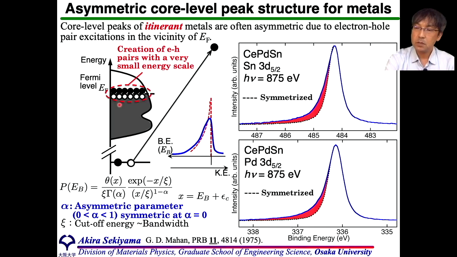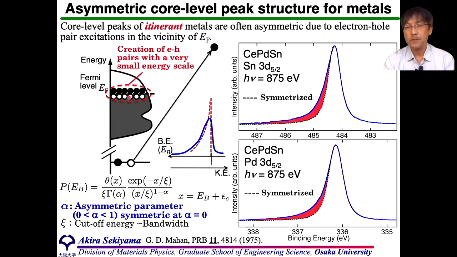Of course, for some portion of the core-level excitation events, there is no creation of an electron-hole pair. The kinetic energy of such an electron is located like this, which satisfies the energy conservation law of photoemission spectroscopy. But in the other case the electron kinetic energy is lower, because some energy is used for the creation of the electron-hole pair in the vicinity of the Fermi level.